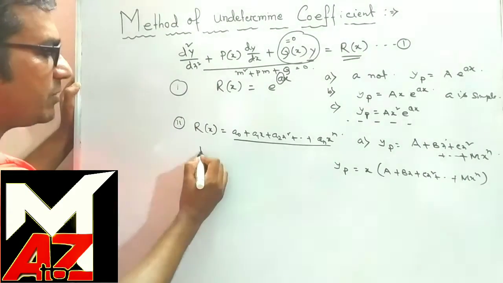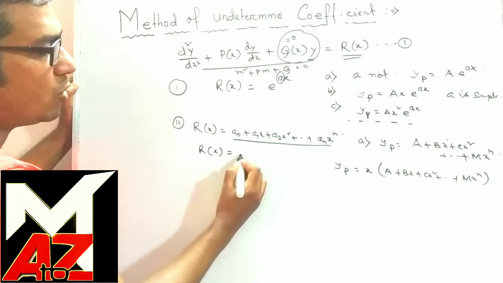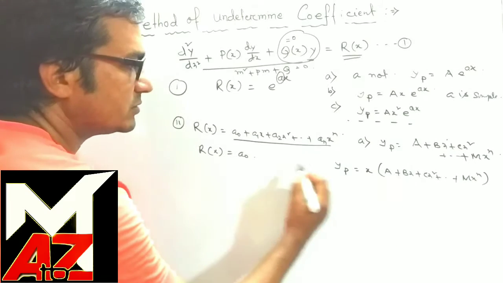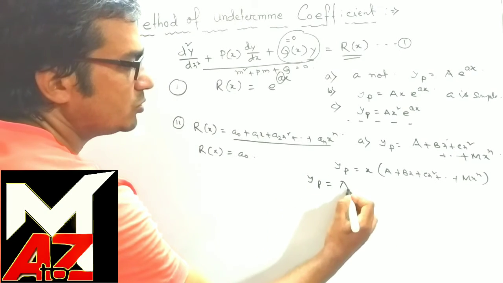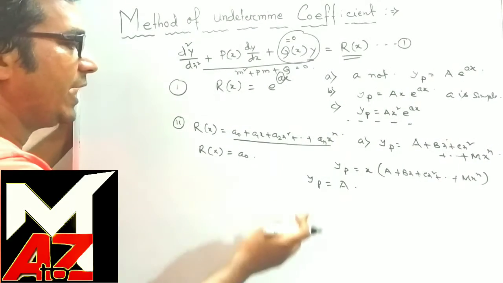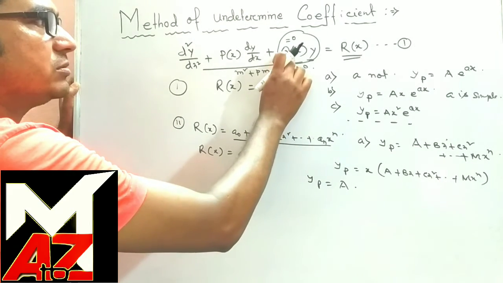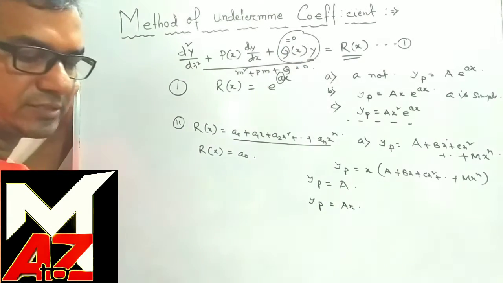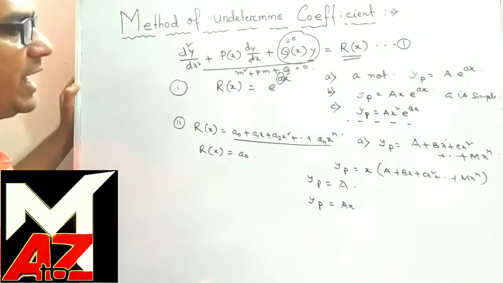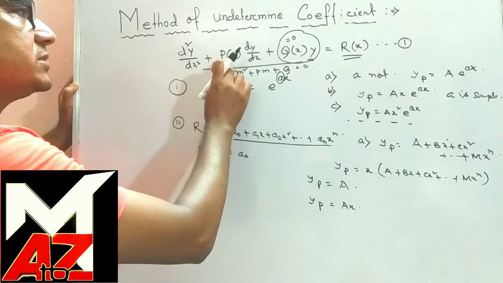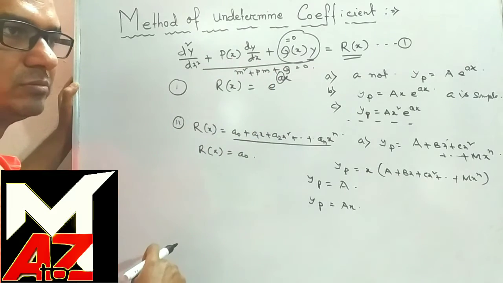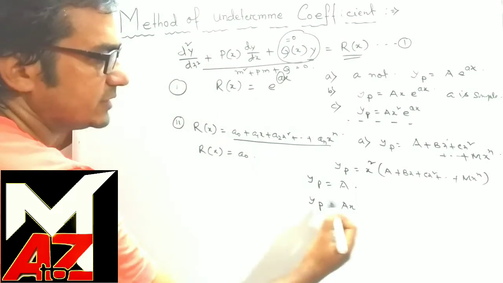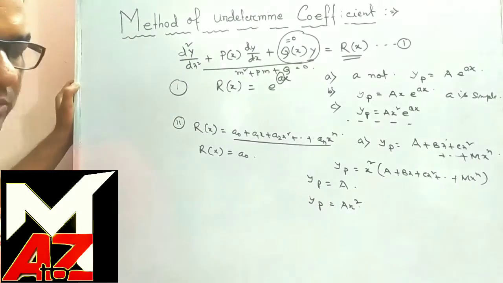And similarly, if r of x is only a constant, then here yp is equal to only a constant. And here also, if this term is absent, then yp is equal to A into x, right? And also, if p of x and q of x both are 0, then this changes to yp equal to x square into this, and this also changes to A into x square.